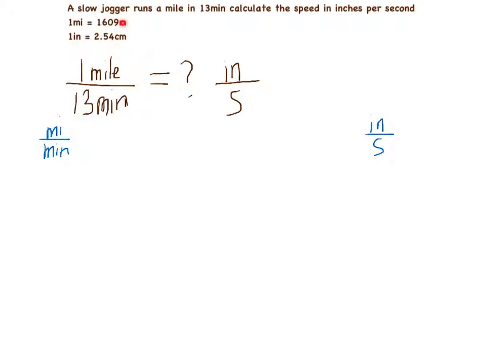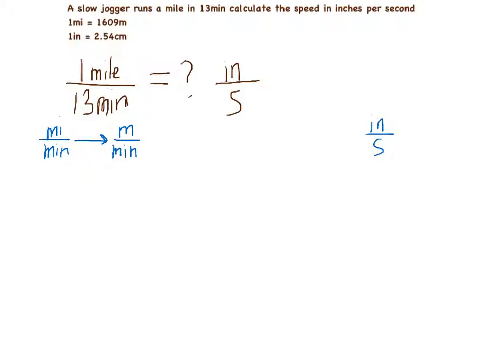You should have those memorized. If you don't, go review those first. So 1 mile into meters, and then we know how many meters are in a centimeter, and then we can convert that into inches. So they just basically gave us the answer right there. So what we're doing, first we'll convert the miles into meters. So then it'll be in meters per minute.